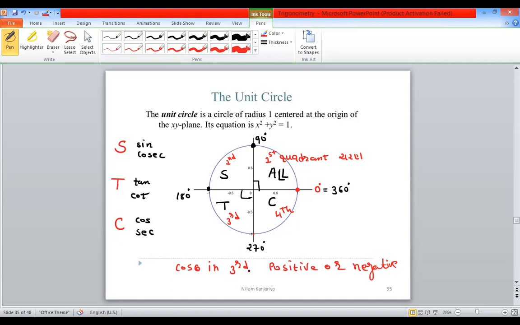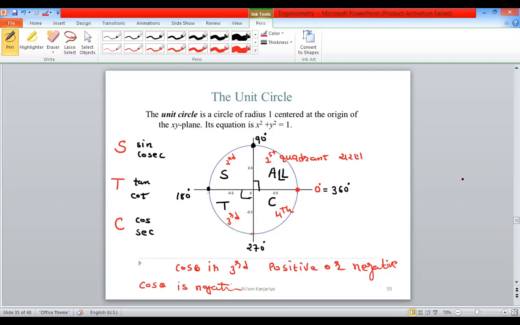Kindly say, cos theta in the third quadrant, positive or negative? In the third quadrant, only T, meaning tan and cot, are positive, remaining are negative. Your answer is cos theta is negative in the third quadrant. So hope you understood.